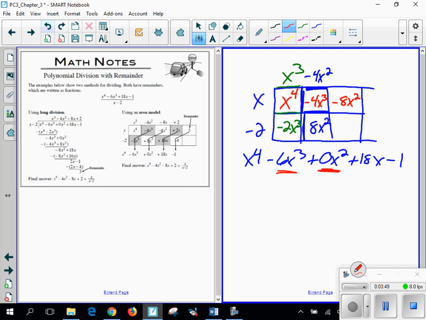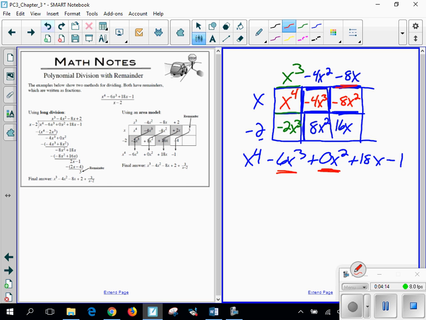All right, and then we keep going on. If the left side's x and the area is negative 8x squared, the top is going to have to be negative 8x. And if the top is negative 8x, so is the bottom. And negative 8x times negative 2 is going to be 16x.